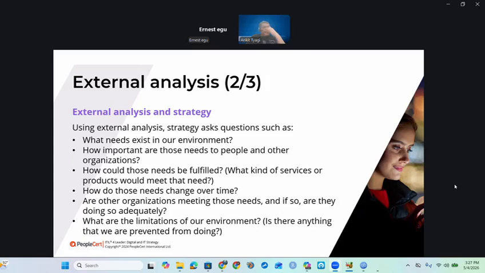For external analysis and strategy, they say using external analysis, strategy asks questions such as what needs exist in our environment, how important are those needs to people and other organizations, how could those needs be fulfilled, what kind of services and products would meet that need, how do those needs change over time, how frequently do they change, are other organizations meeting those needs, and if so, are they doing so adequately, and what are the limitations of our environment?